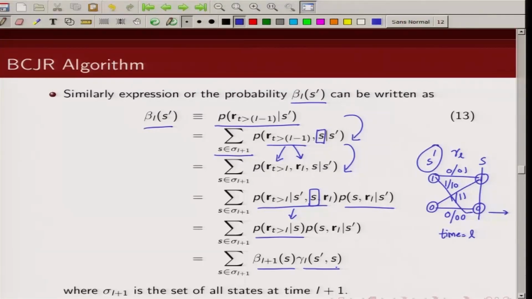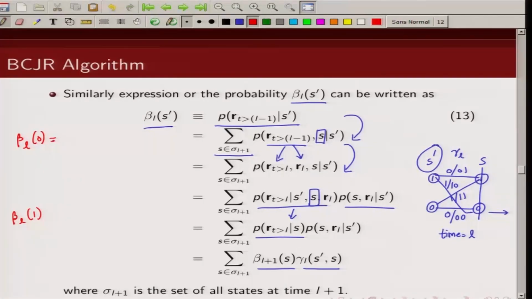So, let us compute beta for this particular code. We are interested in computing beta L at state 0 and beta L at state 1.